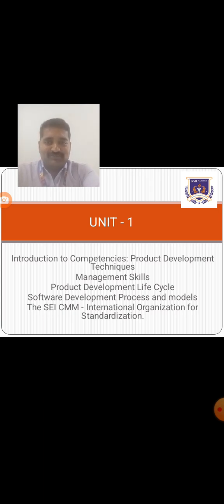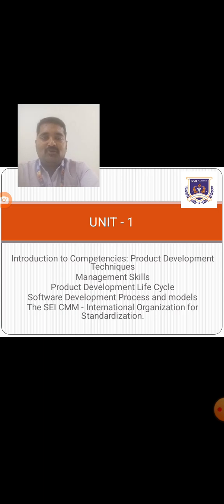Management skills required for product development, including system management and people management, that is HR. Product development life cycle includes the entire schemes, methodologies, or techniques which we are going to use for developing a complete product, starting from requirements gathering till the maintenance phase. Then software development processes and models include various models available for developing the product.